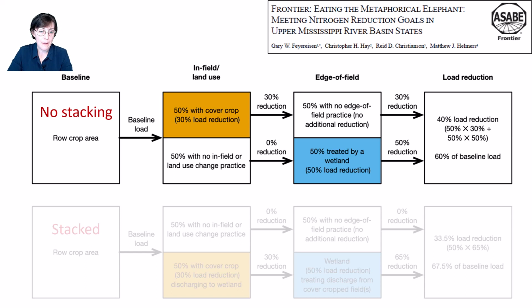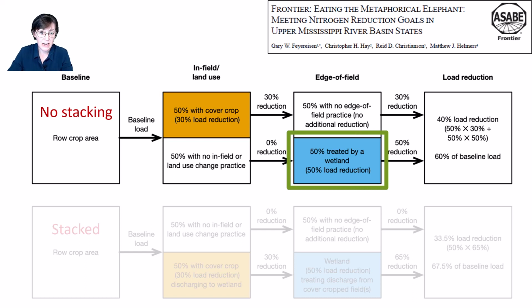The top example, top row, shows how practice efficiencies would be calculated when an infield and edge of field practices are applied on separate acres, or in other words, those practices are not stacked together on the same acre. Moving from the left, you have half of your row crop acres get a cover crop, which provides 30% in-loss reduction on 50% of your total acres. And then you also have a wetlands treating the other 50% of your row crop acres.